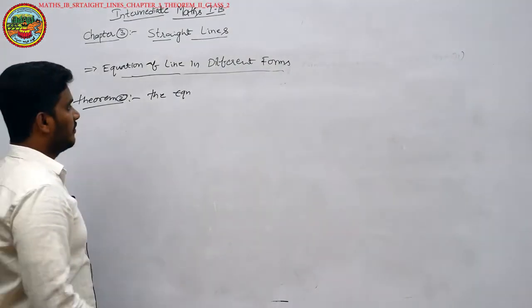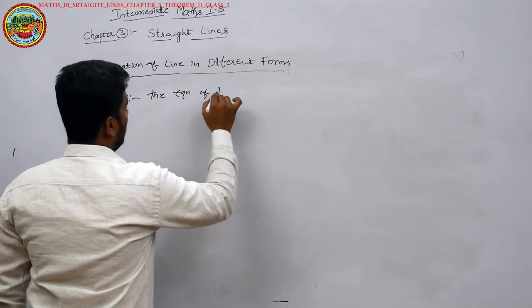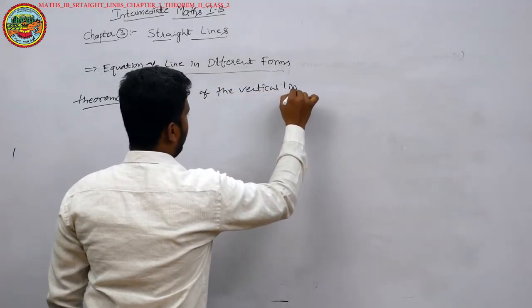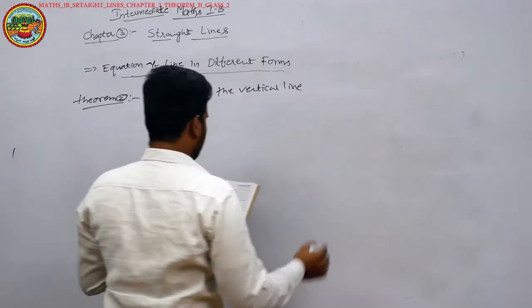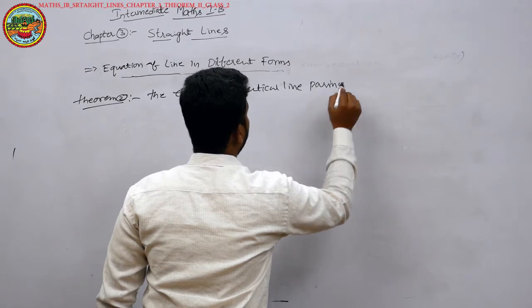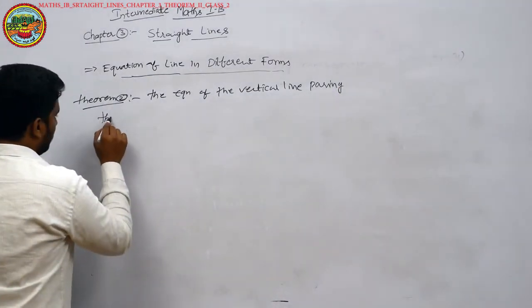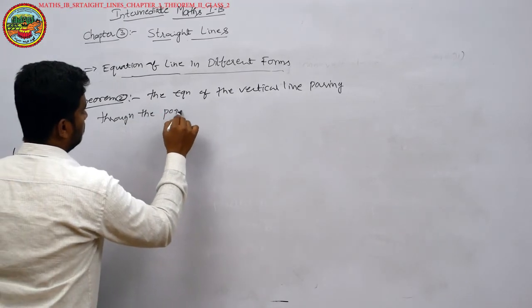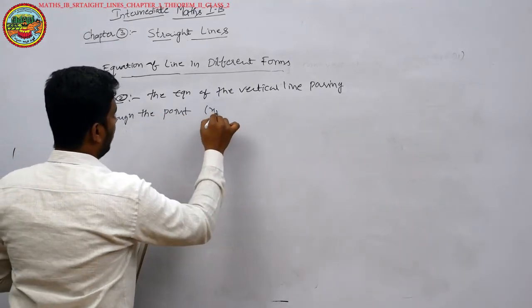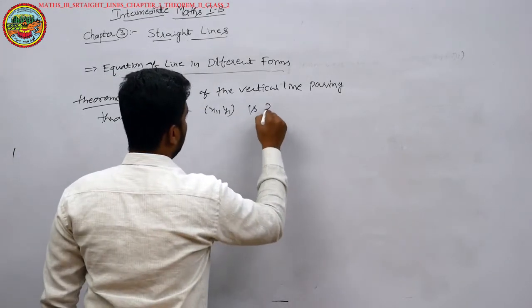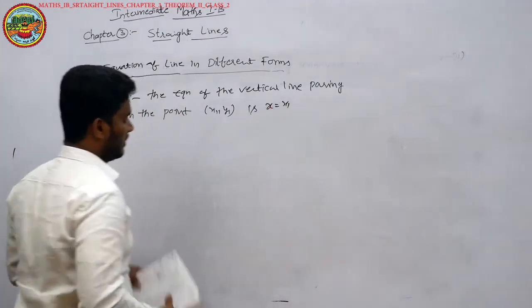Now the equation of the vertical line passing through the point x1 comma y1 is x is equal to x1.